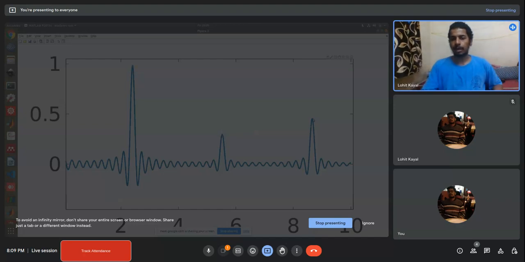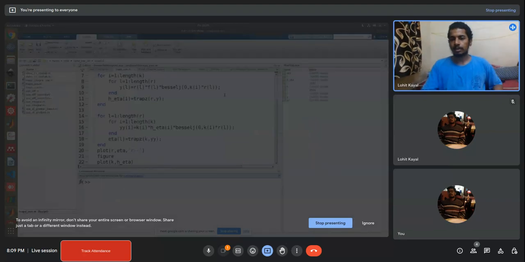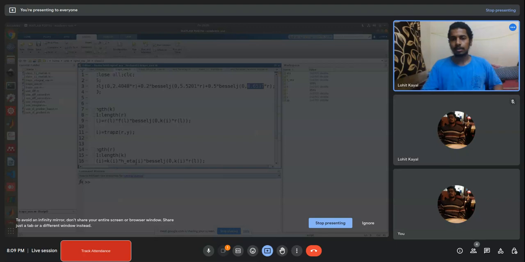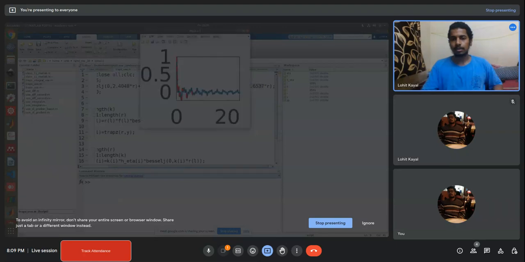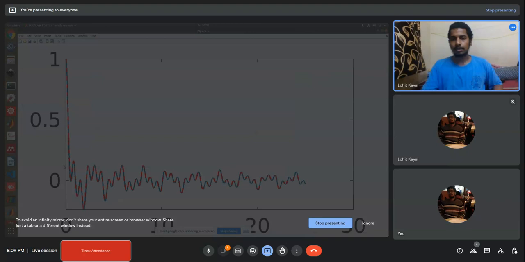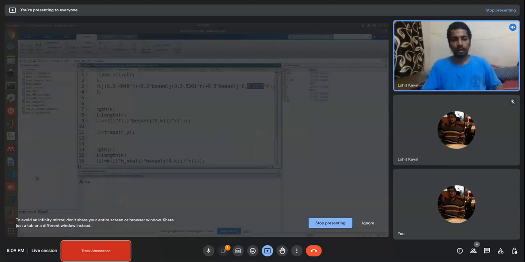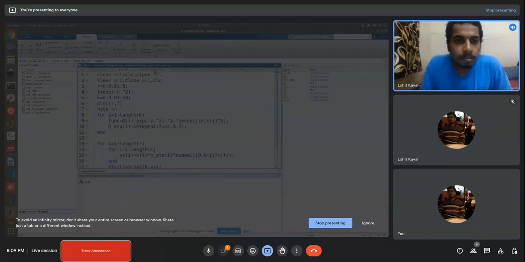It is at 2.4, it is at 5.54, close to that, and it is at 8.66.